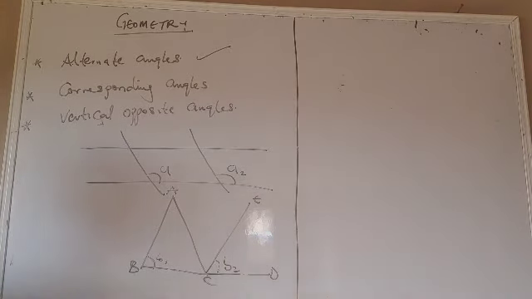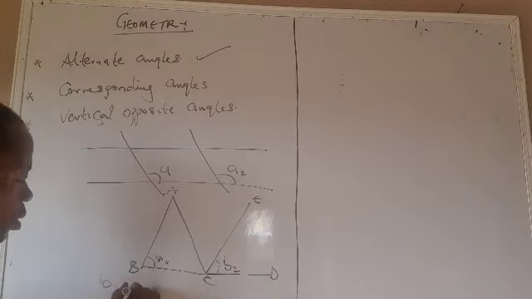Why do I call it B2? Because B1 is corresponding to B2, and corresponding angles are said to be equal. Therefore, B1 is equal to B2.